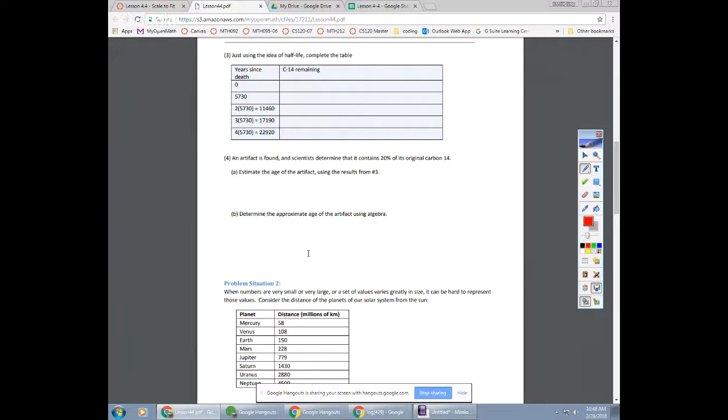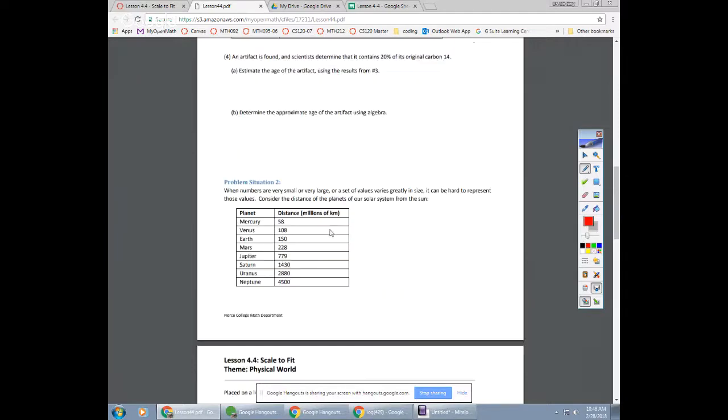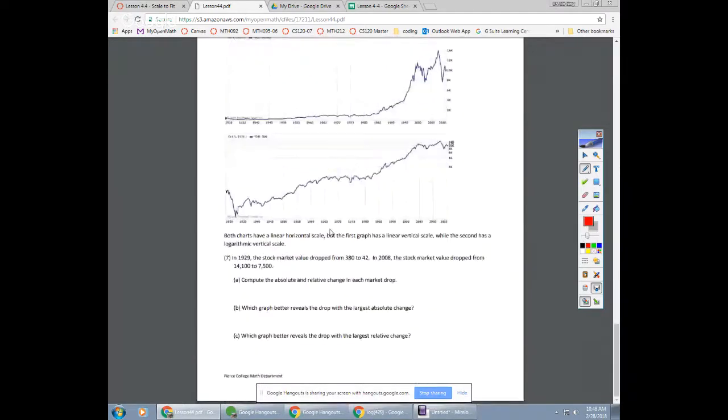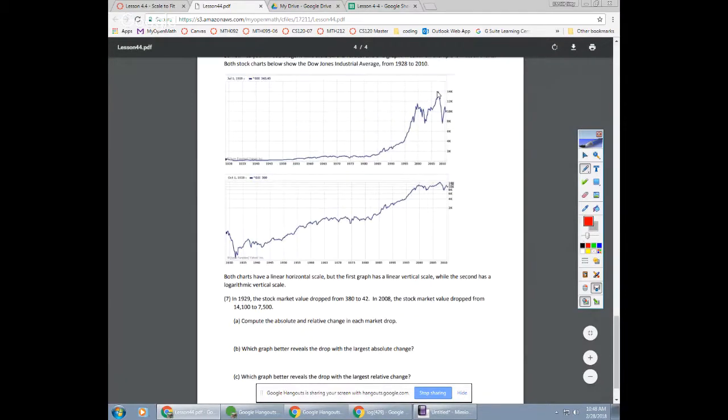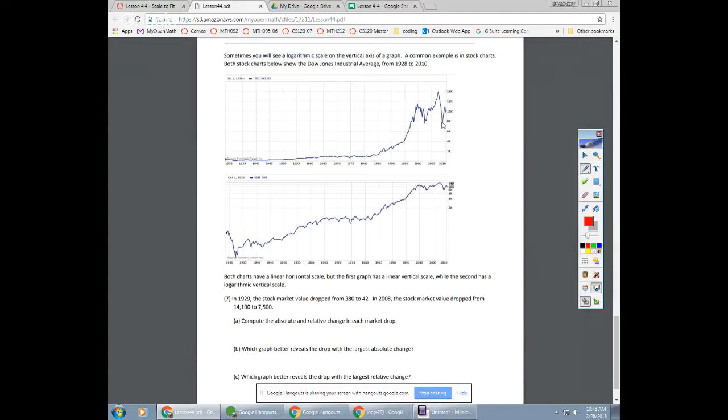What do you think, Aaron? The last 2 questions: which graph shows the absolute change better? Yeah, so here, this shows the change of 6,000. Now 300 compared to 6,000 is tiny, which is hiding down here.